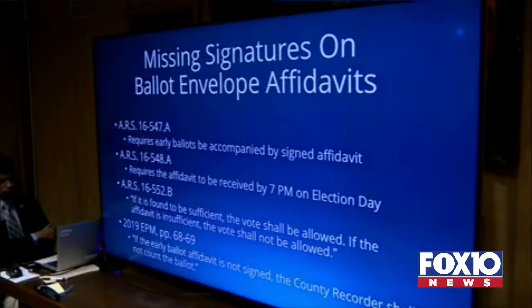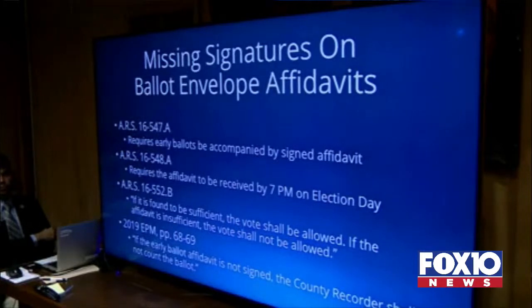And there's some statutes there, but I'll assume that the slides are changing at your end. You'll see the statutes 547, 16, 547, and 48, that early ballots have to be accompanied by an affidavit, and in by 7 o'clock on election day.